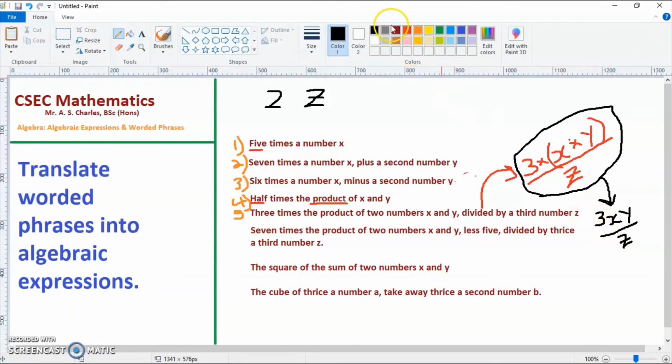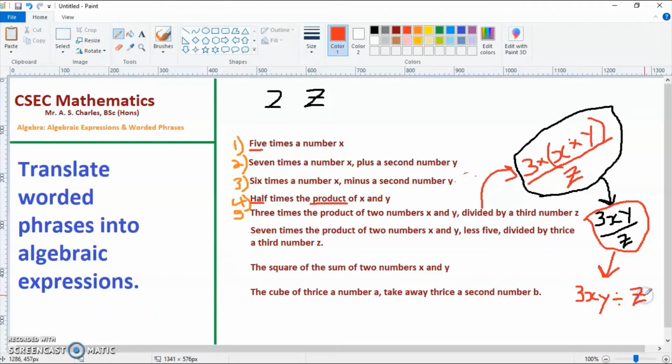There is also another way that this expression can be written. This expression may be written as 3xy divided by z.